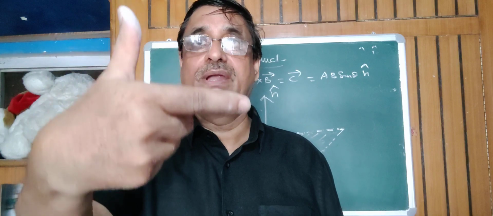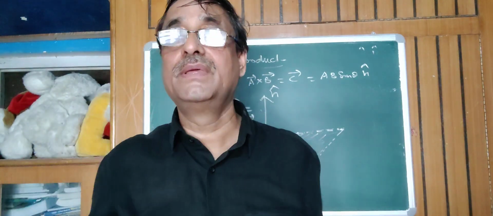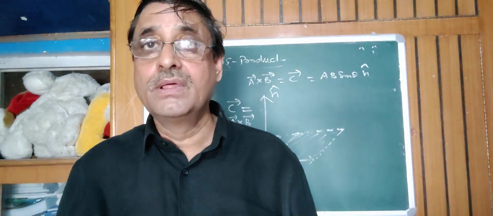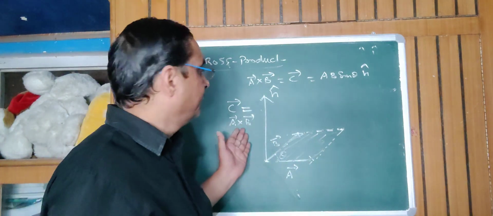Then you see where thumb is pointing. Thumb is pointing in the upward direction and which is perpendicular to both A and B. So this is vector C. This is vector C, and this is called right hand rule. So cross product is also given by right hand rule, and which is the result of this.